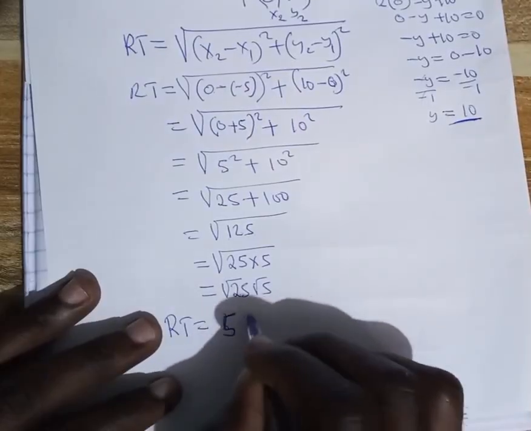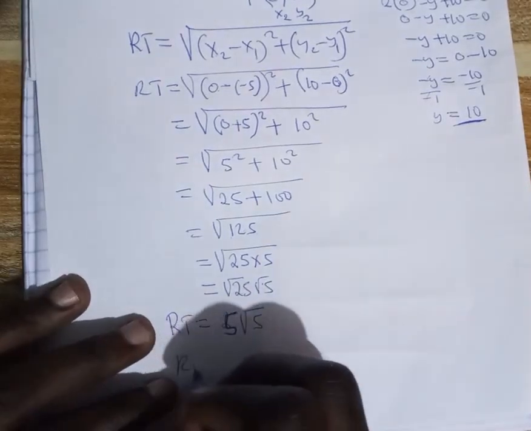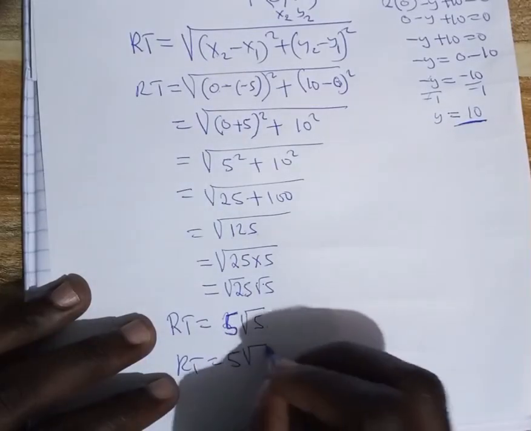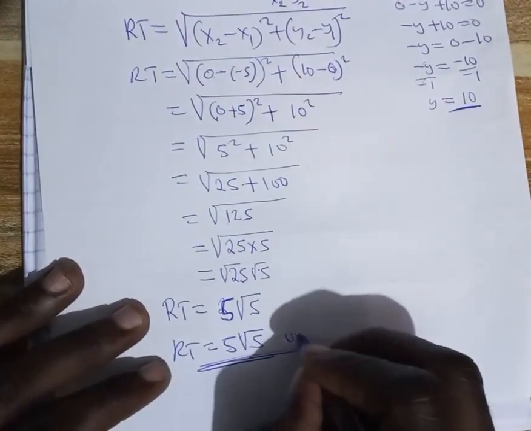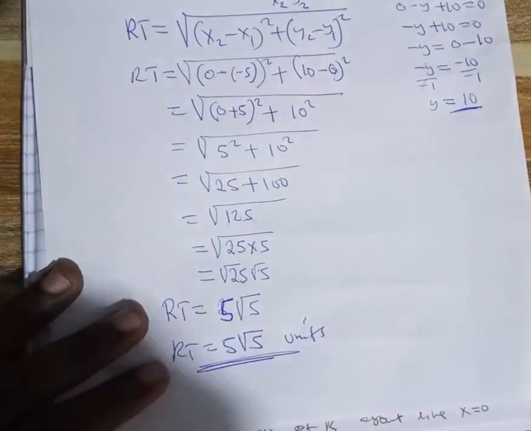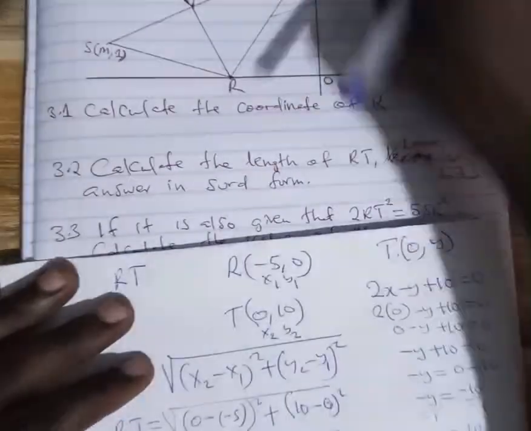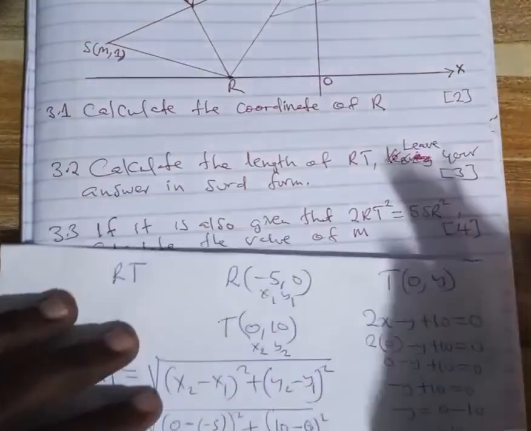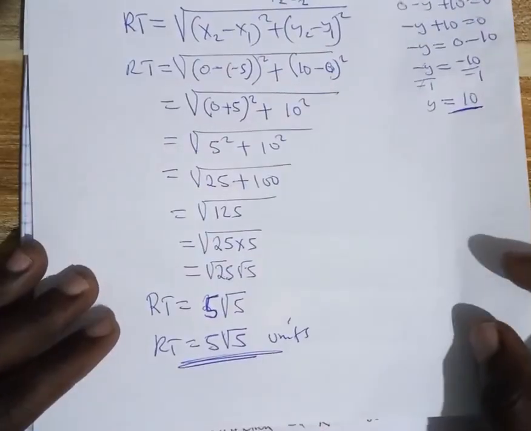The square root of 5 is not known, it is in decimals, so just leave it as it is. So RT is equal to 5 root 5. This is the length from R to T. So without wasting time, which means you have the 3 marks, allow me to go to the next question.